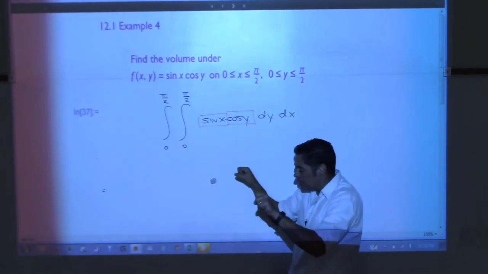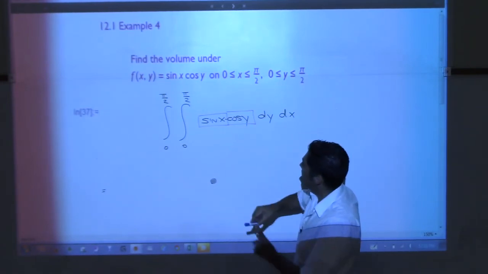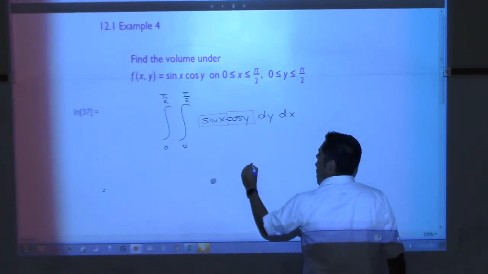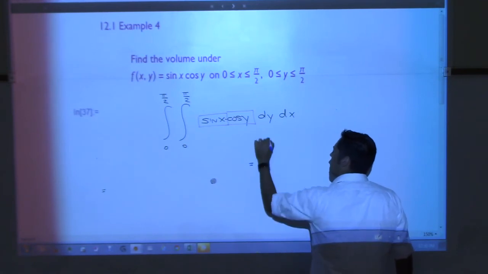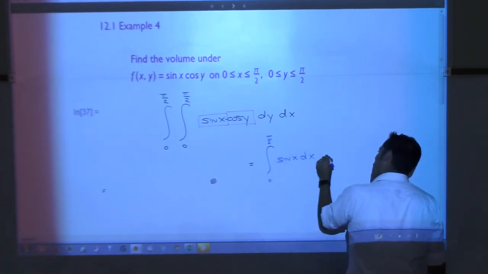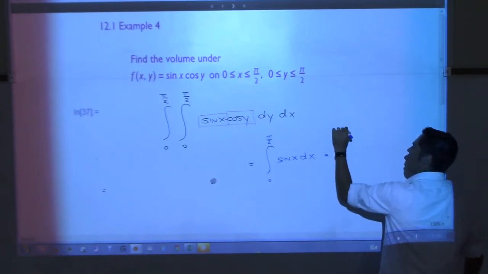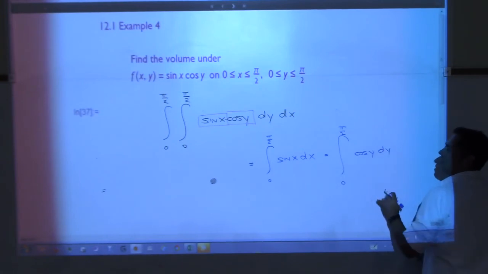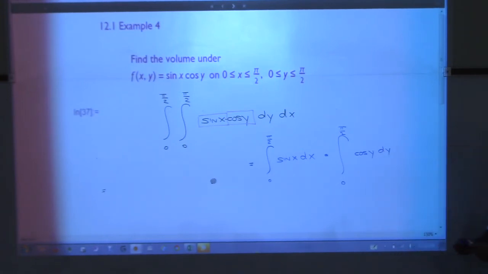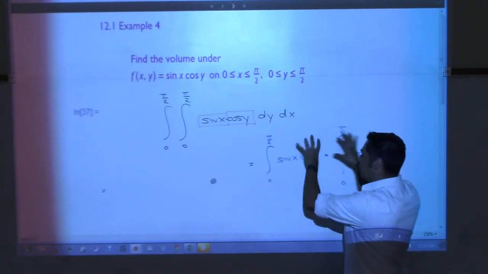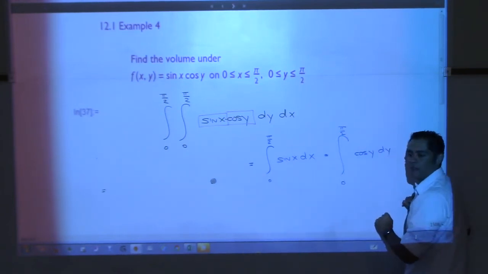If you're able to break them into two separate factors, then this turns out to be the integral from 0 to pi over 2 of the sine function with respect to x times the integral from 0 to pi over 2 of the cosine function with respect to y. So it's almost like cheating. It's not cheating, but you're allowed to split it into two separate integrals and multiply them together.